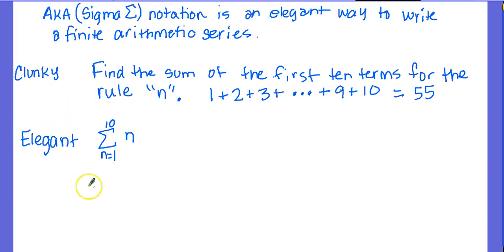Now, of course, if you don't understand what this means, it doesn't matter how elegant it is, correct? But these things mean the same thing. So I want to break up summation notation into its parts, and we'll define those parts. These two things are the same. The answer to this is 55. They are the same, okay? But let's define the parts of the sigma notation, or summation notation.